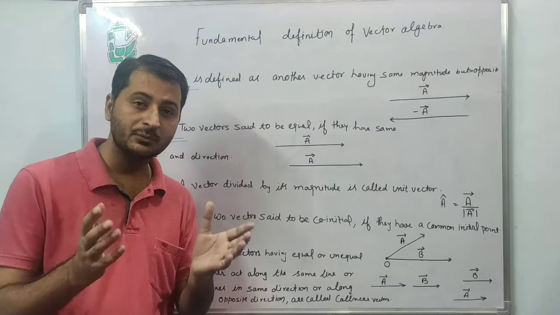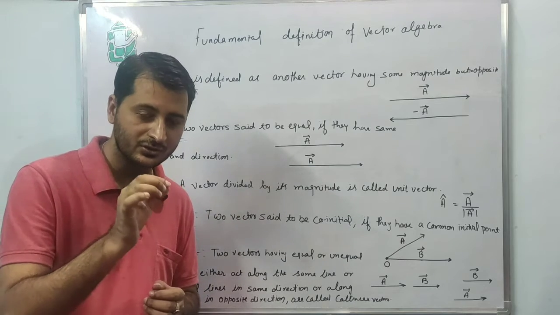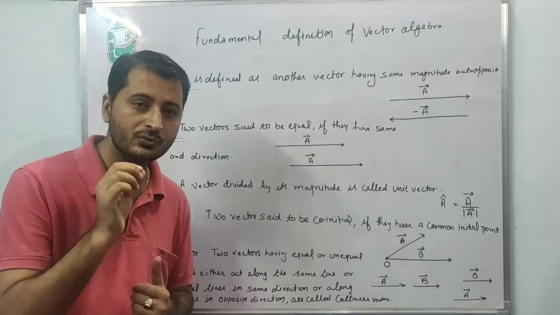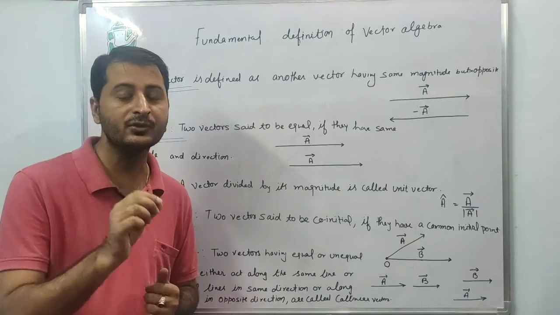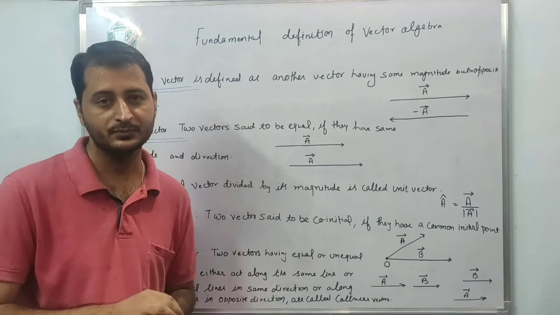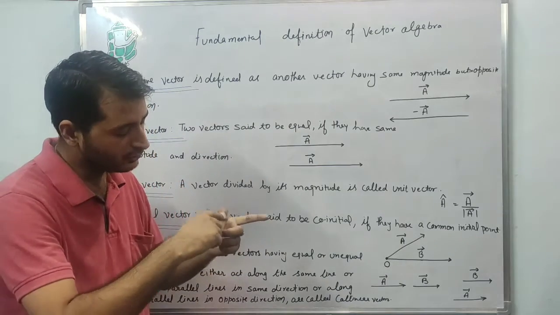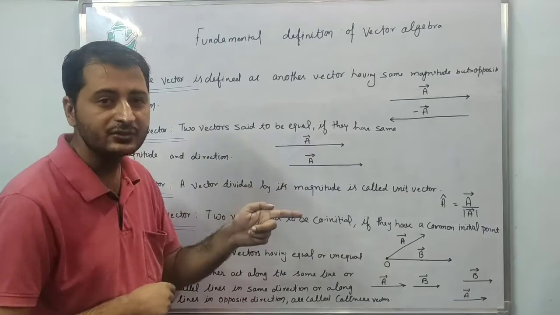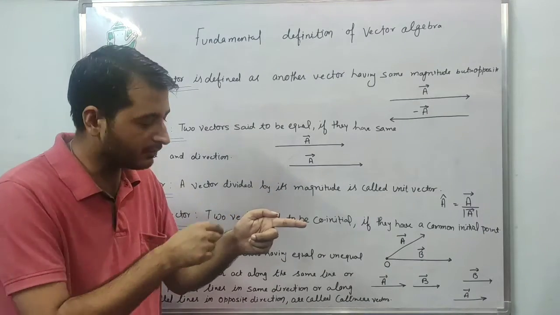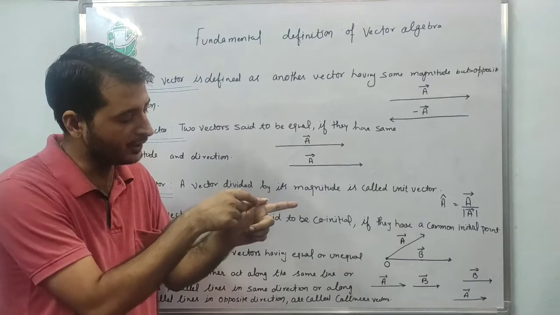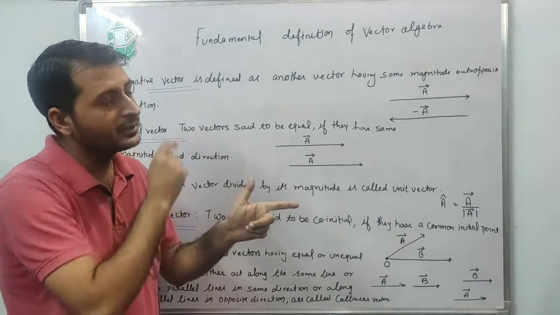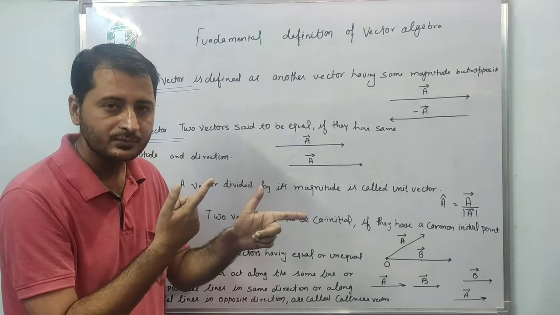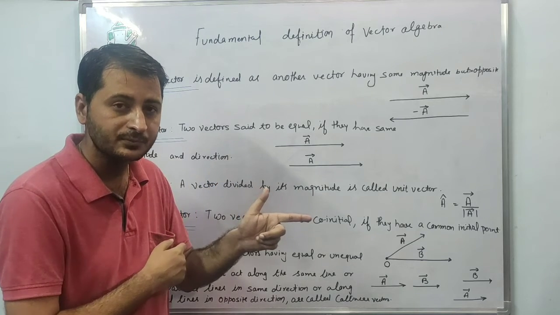Clear? Now come to the point co-initial. What is the meaning of co-initial? It refers to the initial point. So two vectors are said to be co-initial if they have a common initial point. Like this. Assume we have this vector along the x-axis, and we have another vector from the same point along the y-axis plane.